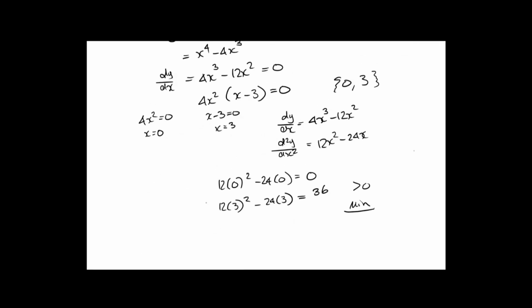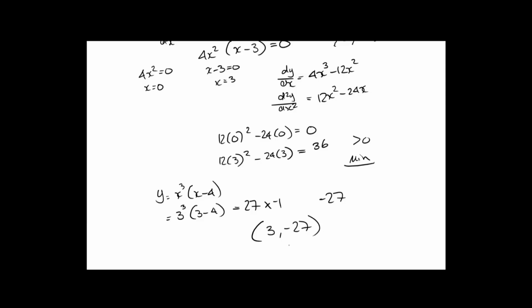So 36 is definitely greater than 0, so therefore that's a minima. That tells us that the minima is when x equals 3, and then we have to put x equals 3 into the original equation to find out what the y coordinate for that is going to be.